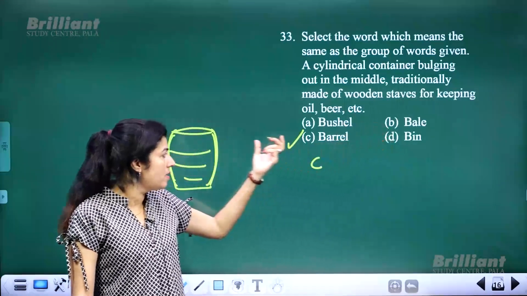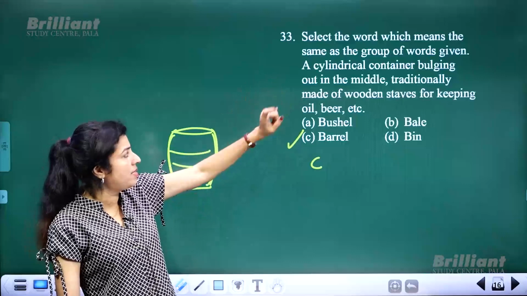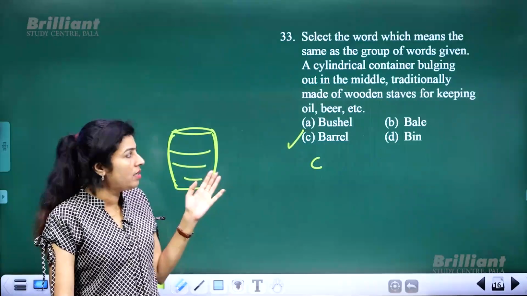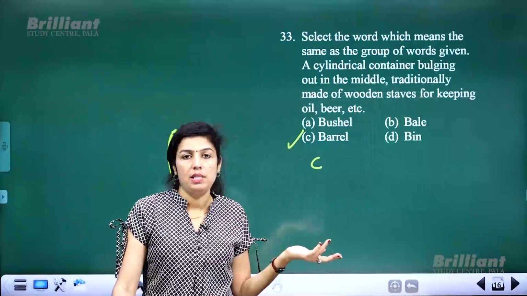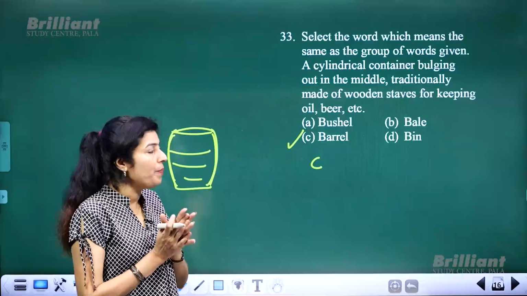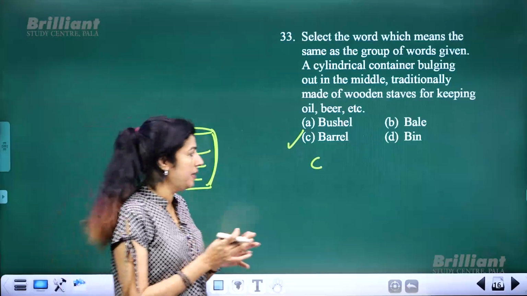So barrel is the cylindrical container bulging out in the middle, and in olden days people used those barrels to store oil, beer, etc.